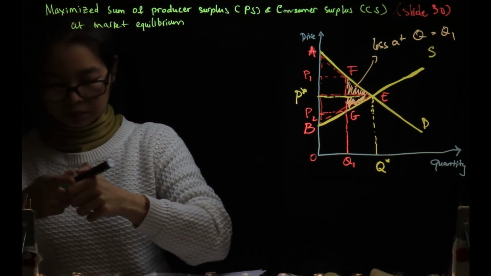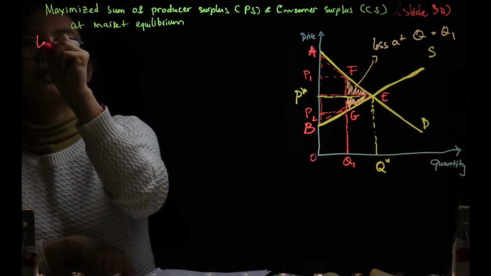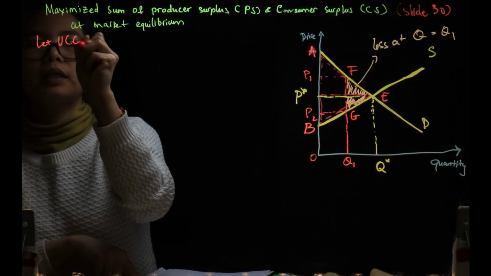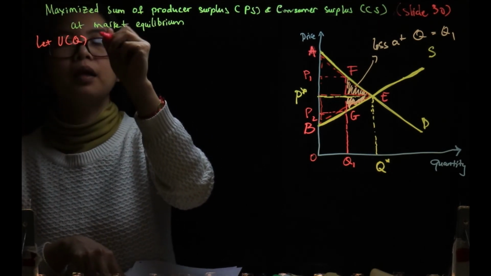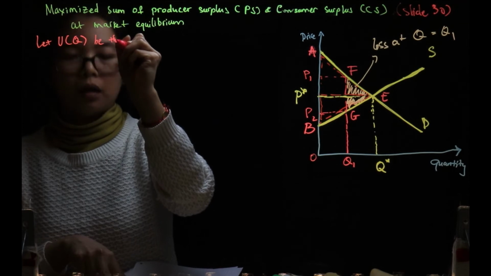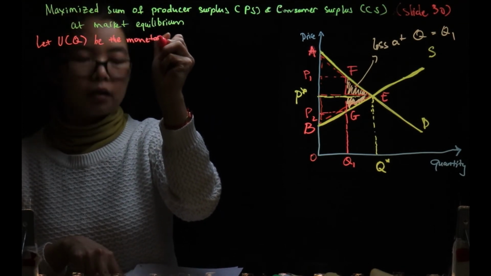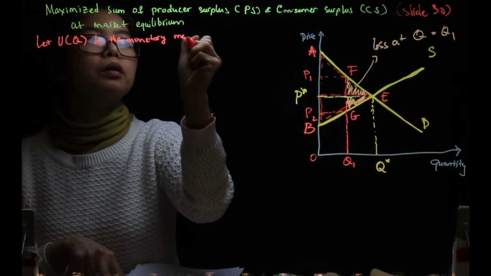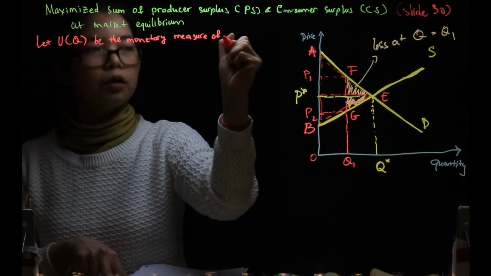So, for example, in a different color, let U as a function of Q be the monetary measure of utility.